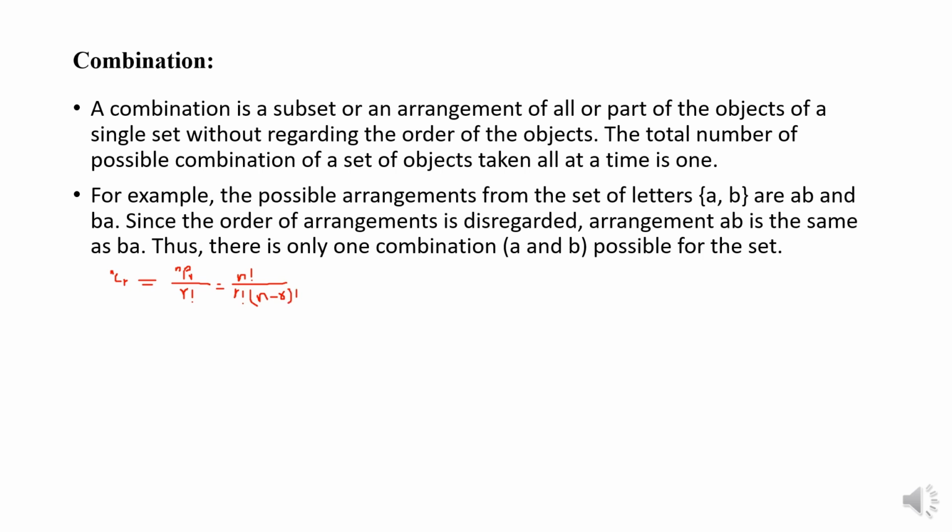So this is how we can easily calculate the combination. Here n is the number of objects in a given set, and r is the number of objects taken at a time for each combination. So nCr is the total number of combinations of n objects taken r at a time.